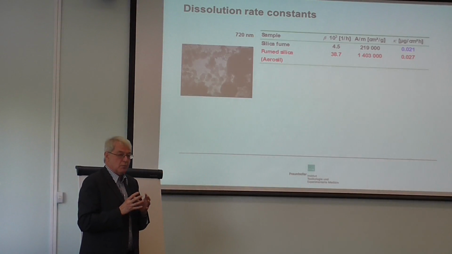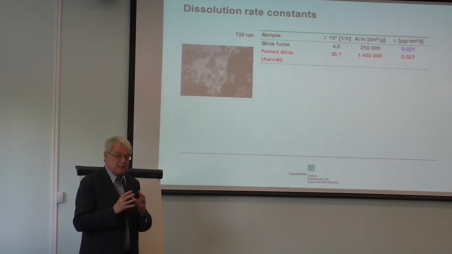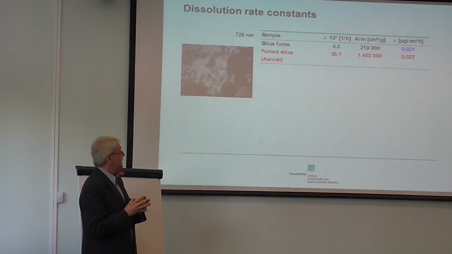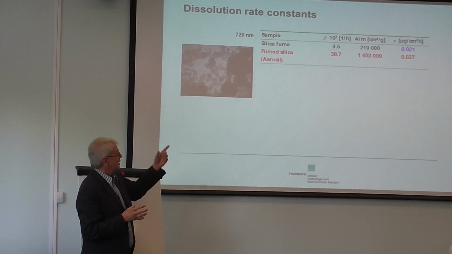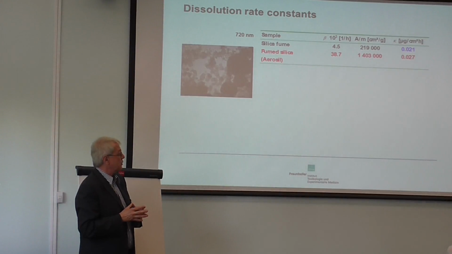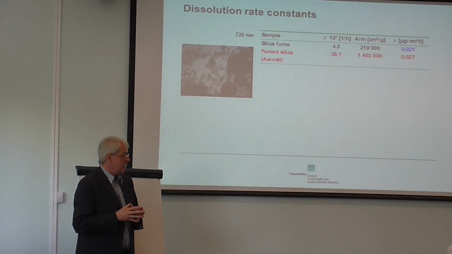It's also amorphous silicon, and it is produced under very well controlled industrial processes. This fume that we also analyzed for dissolution has a dissolution rate which is almost 10 times as much.